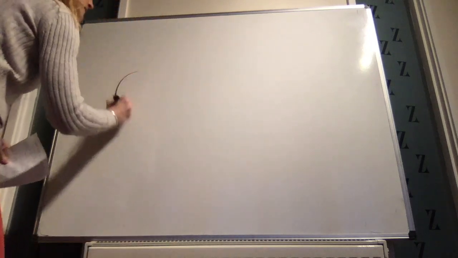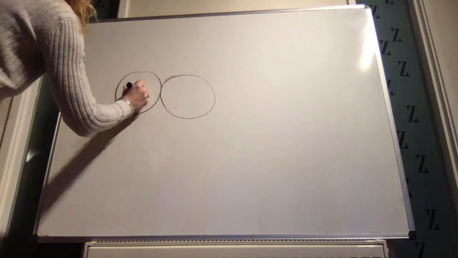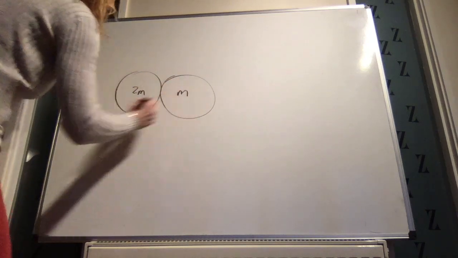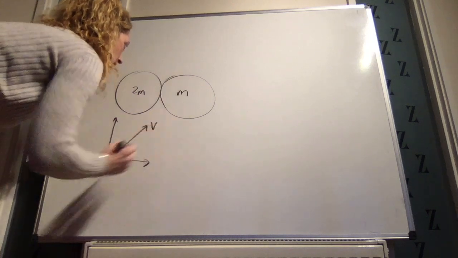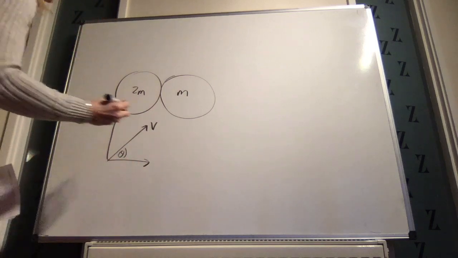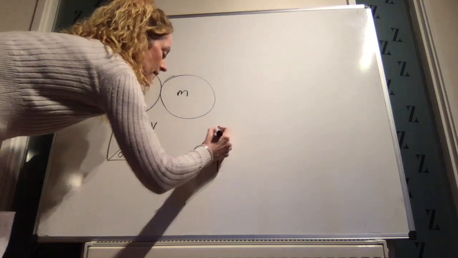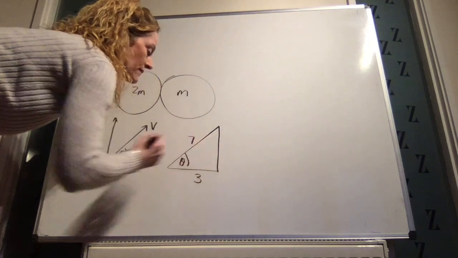So the second bit, basically, you have a sphere and another sphere. This one is of mass 2m and this one is of mass m. This one is travelling with a velocity v at an angle theta. They told us that theta is the angle whose cosine is 3 over 7.